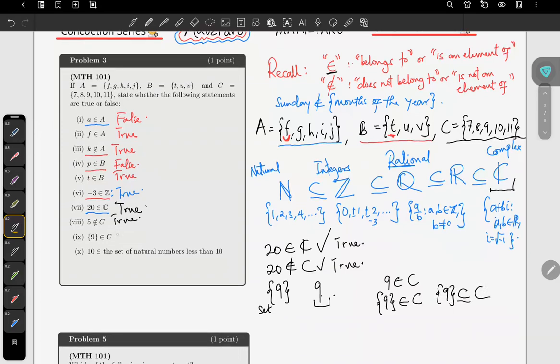So in this case, the answer is false. It doesn't make sense because C is not a set of sets that contains the singleton 9.